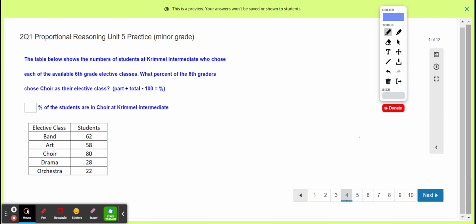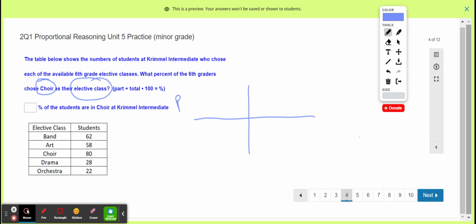With number 4, the table shows the number of students at the Carmel Intermediate who chose each of the available 6th grade elective classes. What percent of 6th graders chose choir for their elective class? So let's use the proportional relationship or reasoning for this one.